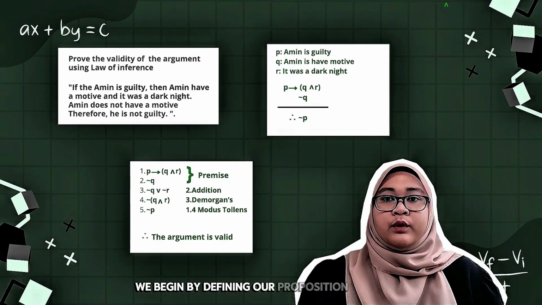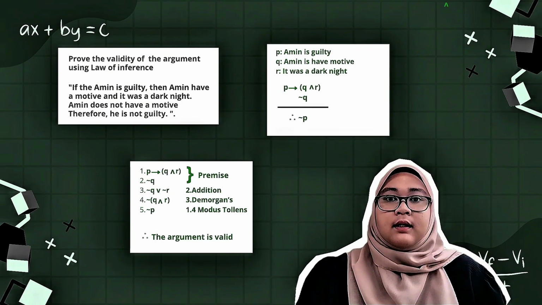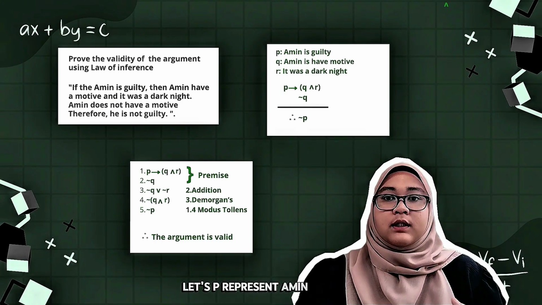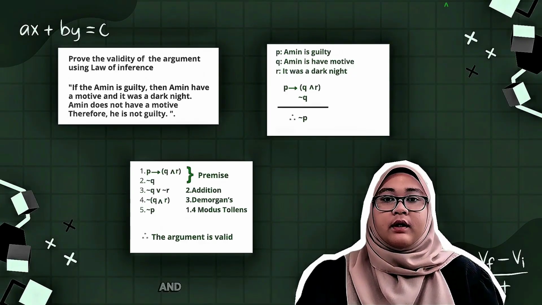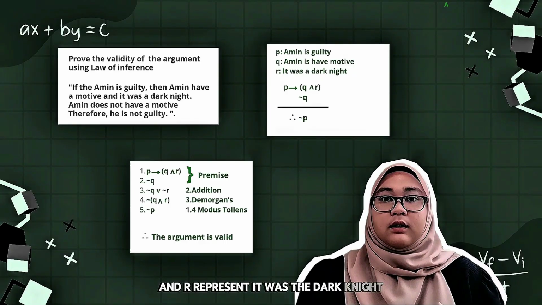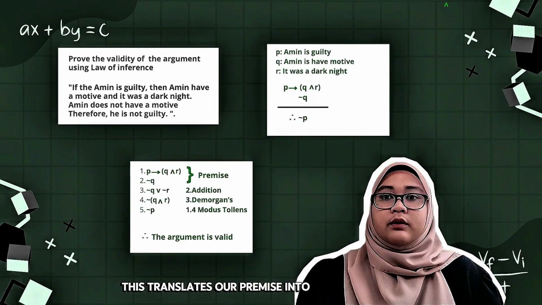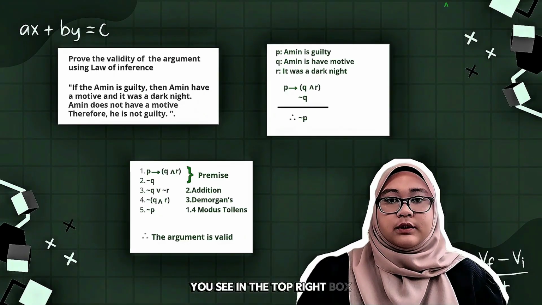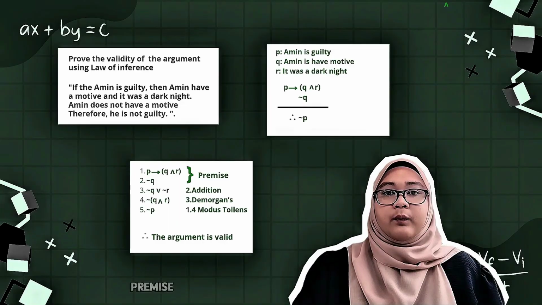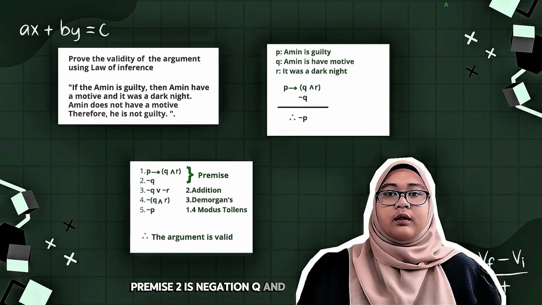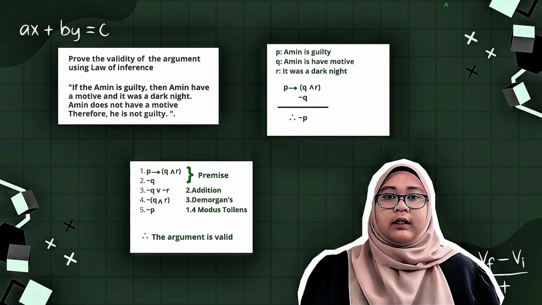We begin by defining our propositional variables. Let P represent Amin is guilty, Q represent Amin has a motive, and R represent it was a dark night. This translates our premises into the formal system you see in the top right box. Premise 1, P implies Q and R. Premise 2 is negation Q, and therefore negation P.